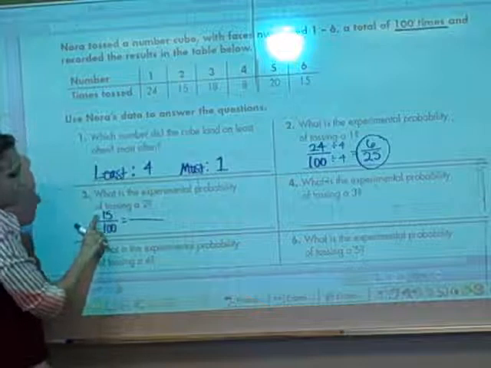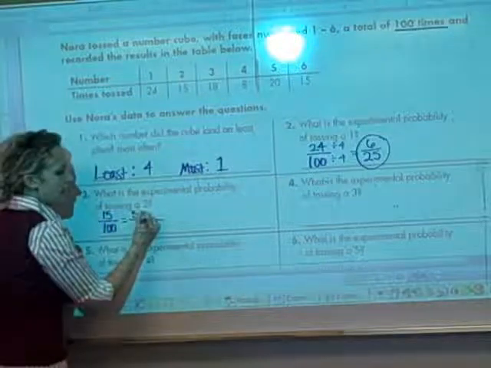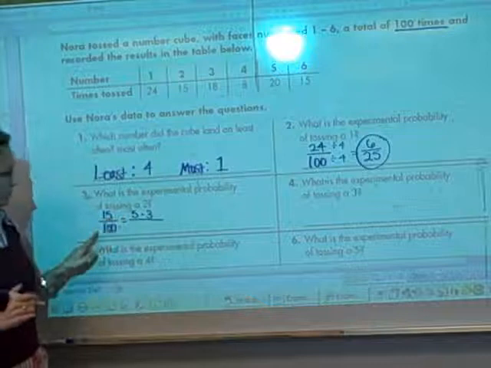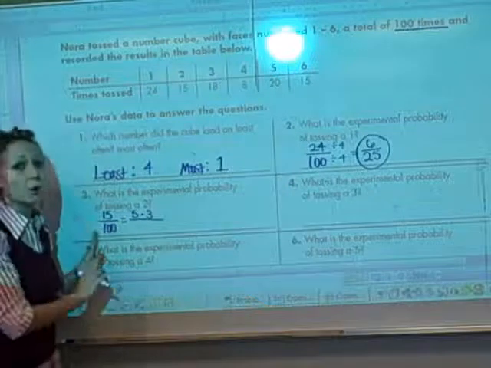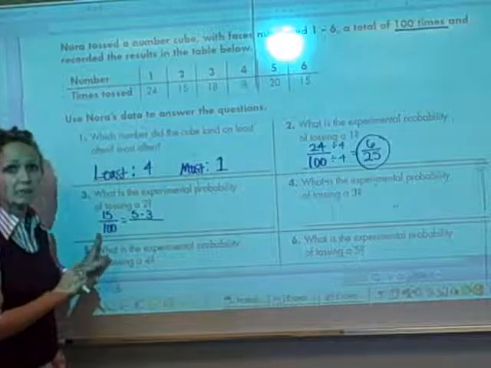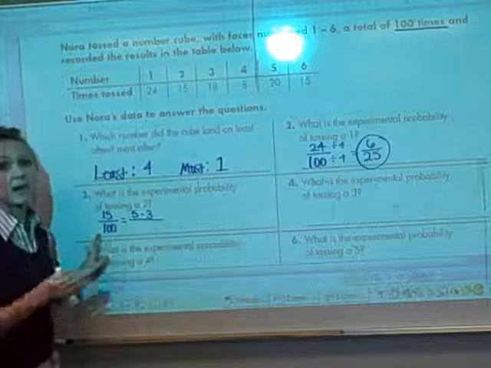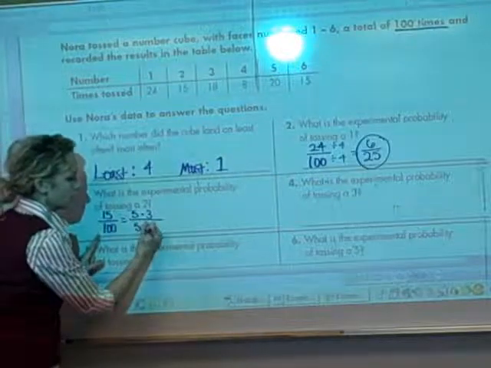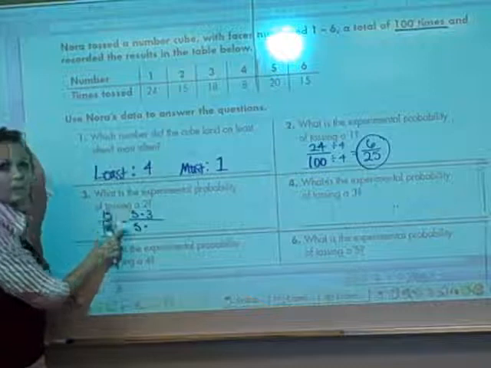I'm going to rewrite 15 as 5 times 3. I'm going to rewrite 100. Since they're both divisible by 5, I want to write 100 as 5 times something. I want to have a 5 over 5, okay?